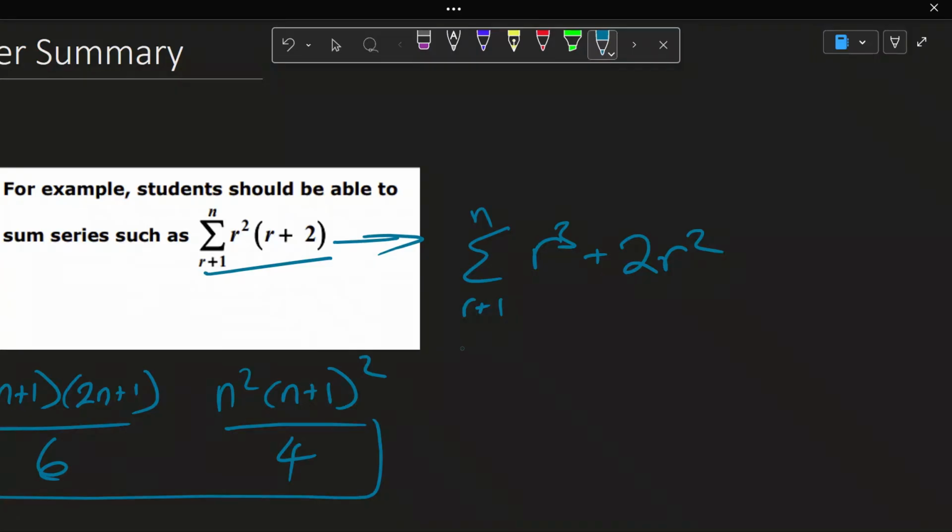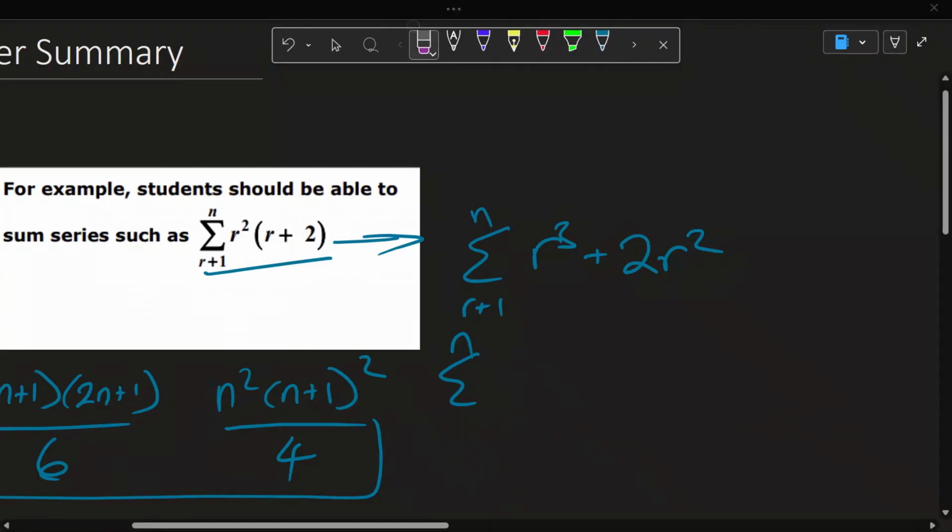We can also rewrite this as the sum from 1 to n of r cubed plus 2r squared, minus the sum from 1 to r of r cubed plus 2r squared, because then we're getting rid of everything from 1 to r. So we only have the sum of values from r plus 1 to n.